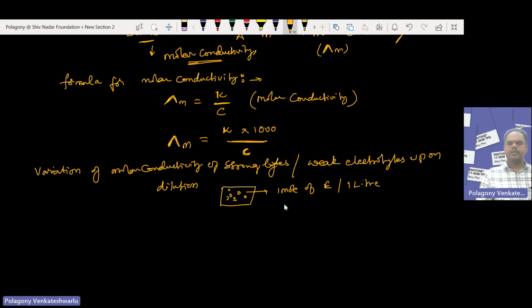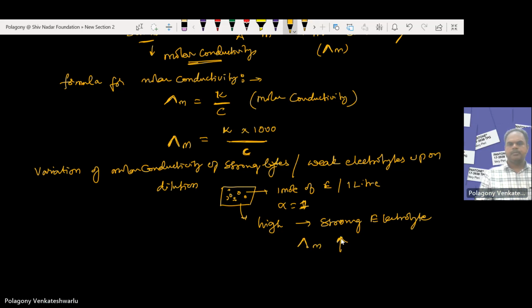Mostly a strong electrolyte has alpha nearly equal to 1, so the degree of dissociation is high. The number of ions that contribute to conducting electricity is more per fixed volume of solution, so the molar conductivity will be higher in the case of a strong electrolyte.